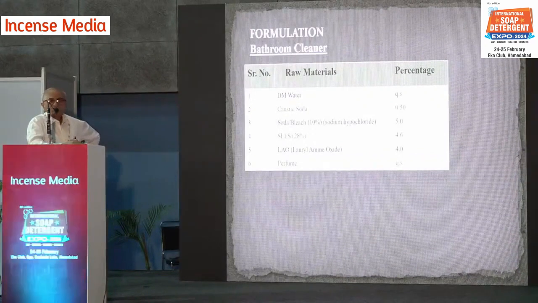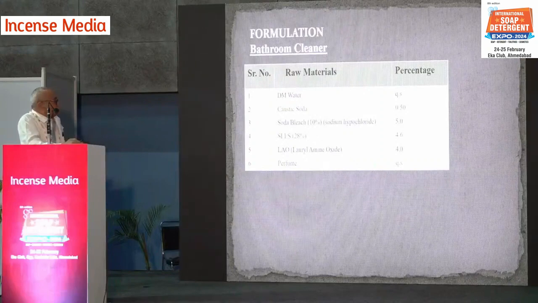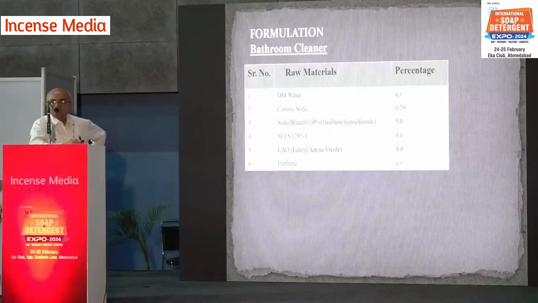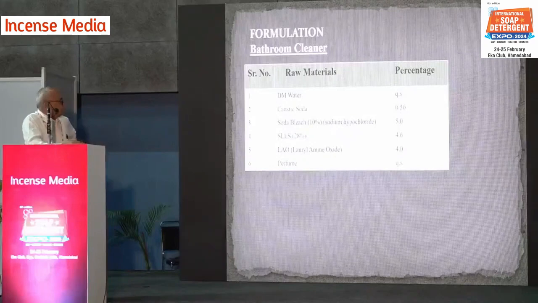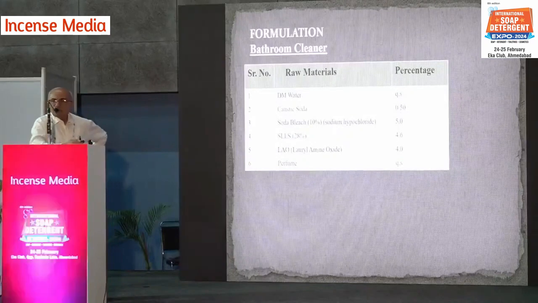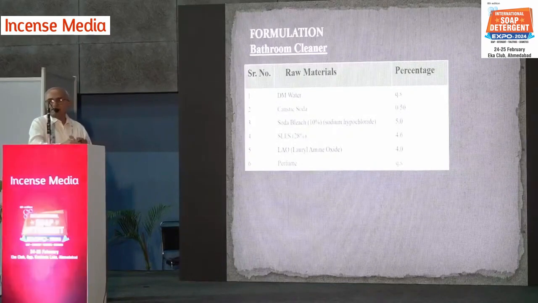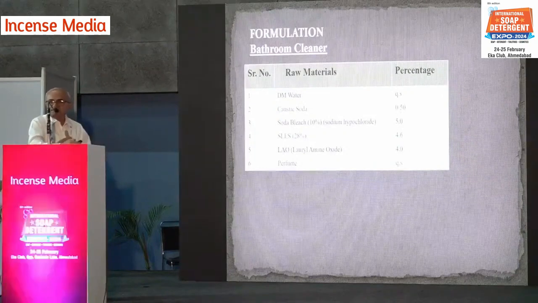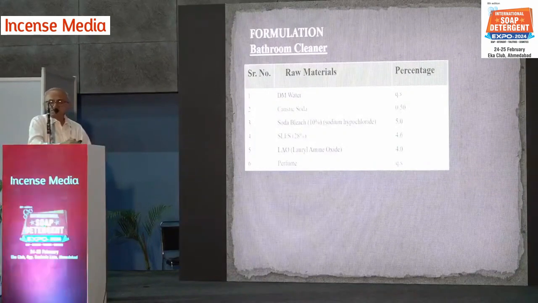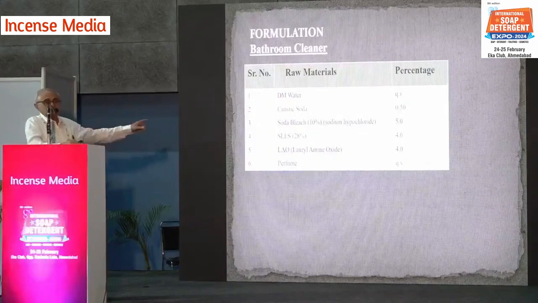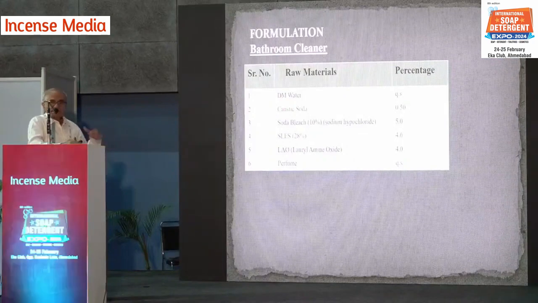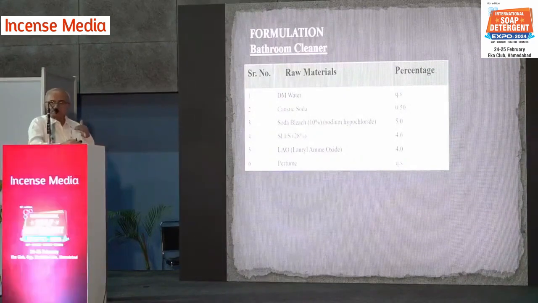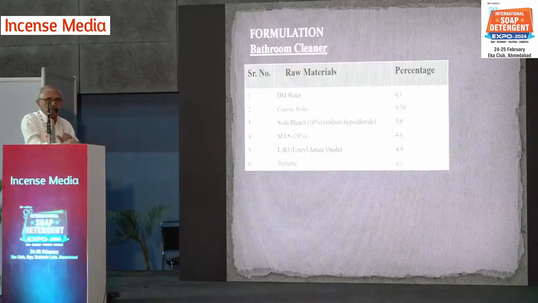Now this is a bathroom cleaner. Here the main ingredient is soda bleach, sodium hypochlorite. Sodium hypochlorite is stable in an alkaline medium. In an acidic medium, it will get destroyed. So we have to add caustic soda into water first to maintain the pH. pH should be 11 for the stability of sodium hypochlorite.